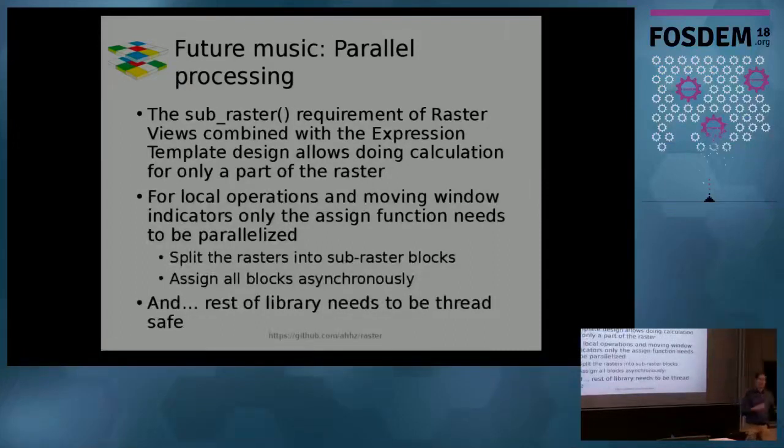And actually, the functionality is already there. The only thing that needs to be done is that the rest of the library needs to be thread safe, and especially the part of accessing the raster data is at the moment not thread safe. So it's not parallelized yet, but the architecture is there to actually do it.